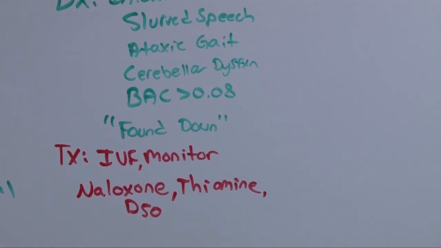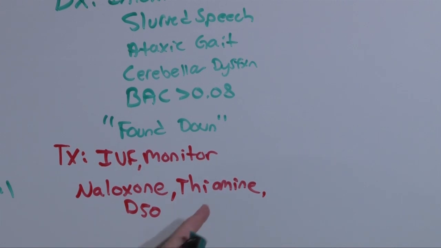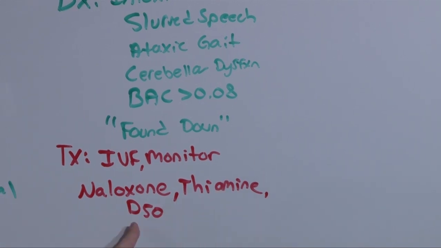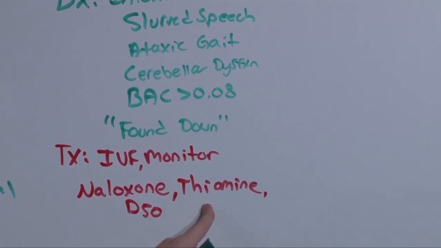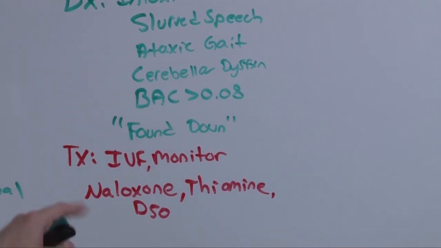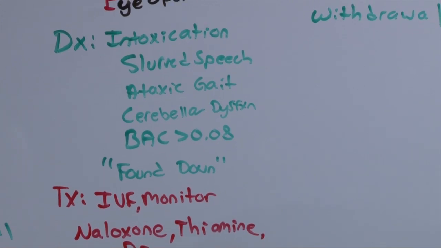D50 reverses hypoglycemia, which is also present in alcohol intoxication. You have to make sure you give the thiamine first because alcoholics don't have enough thiamine in their body as is, and the D50 won't do any good unless there's some thiamine. This is not very interesting, and this is sort of the bane of the emergency department: a drunk tank, taking care of a bunch of guys who are sleeping it off.